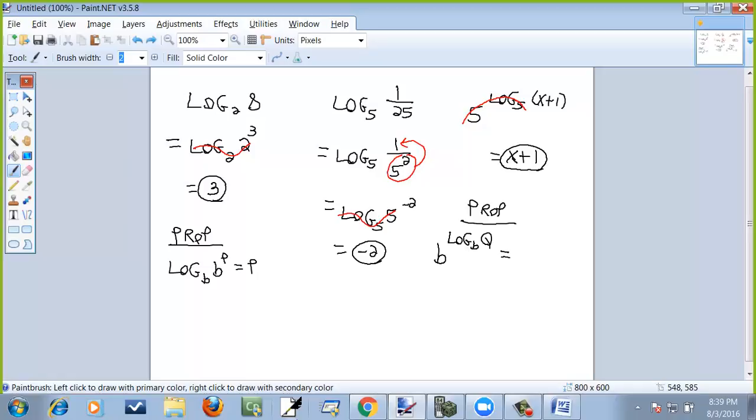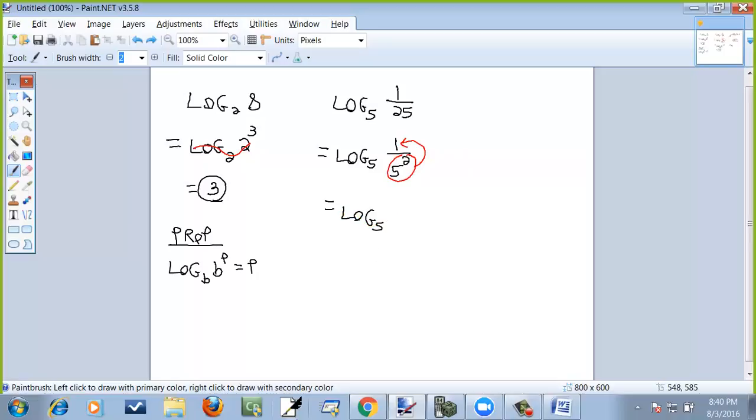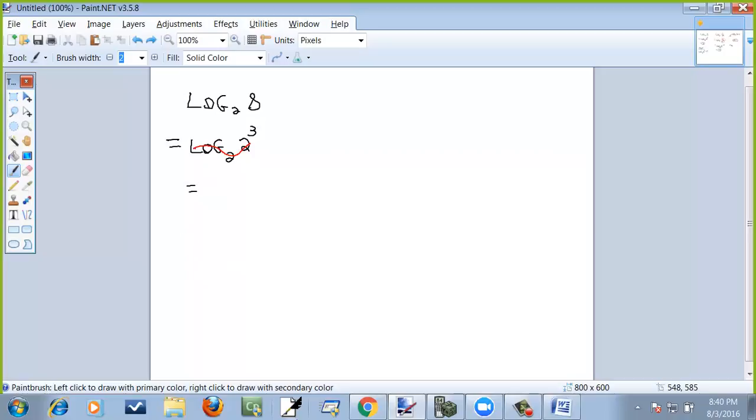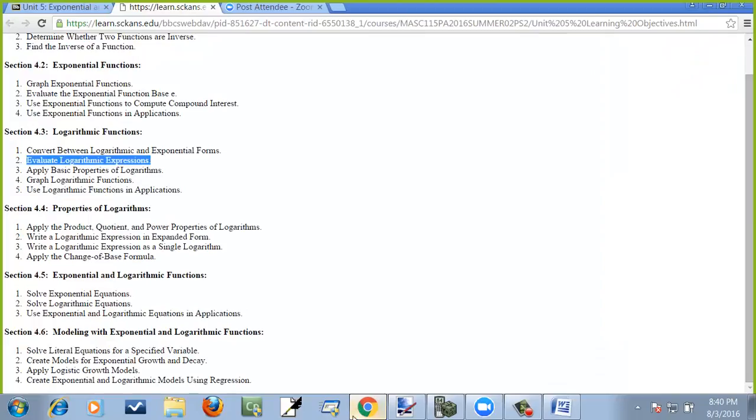So let me clear this off. Okay, there we go. Now that's evaluating and applying basic properties of logs.